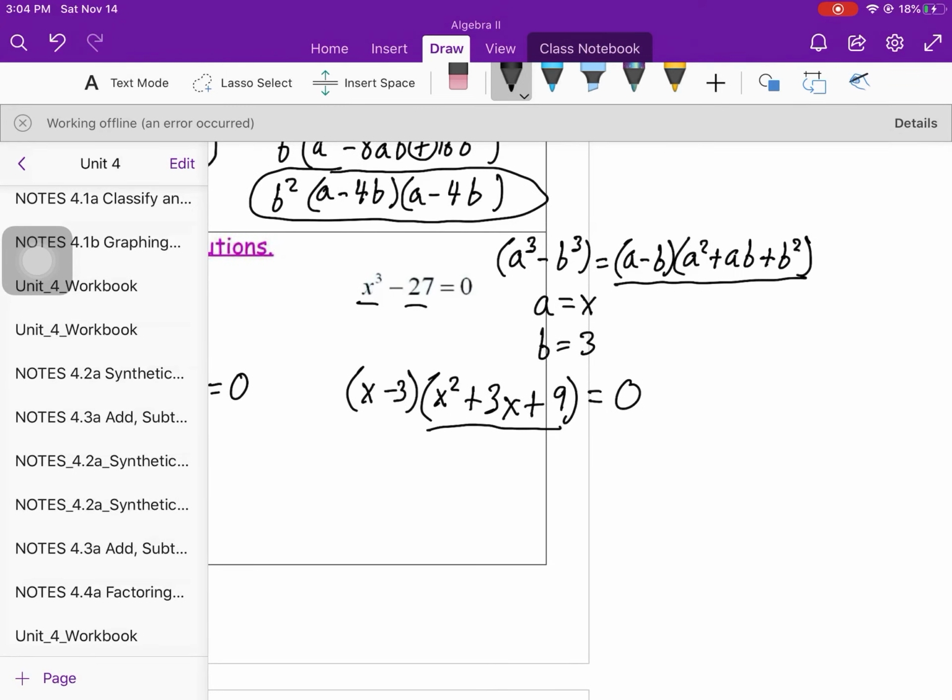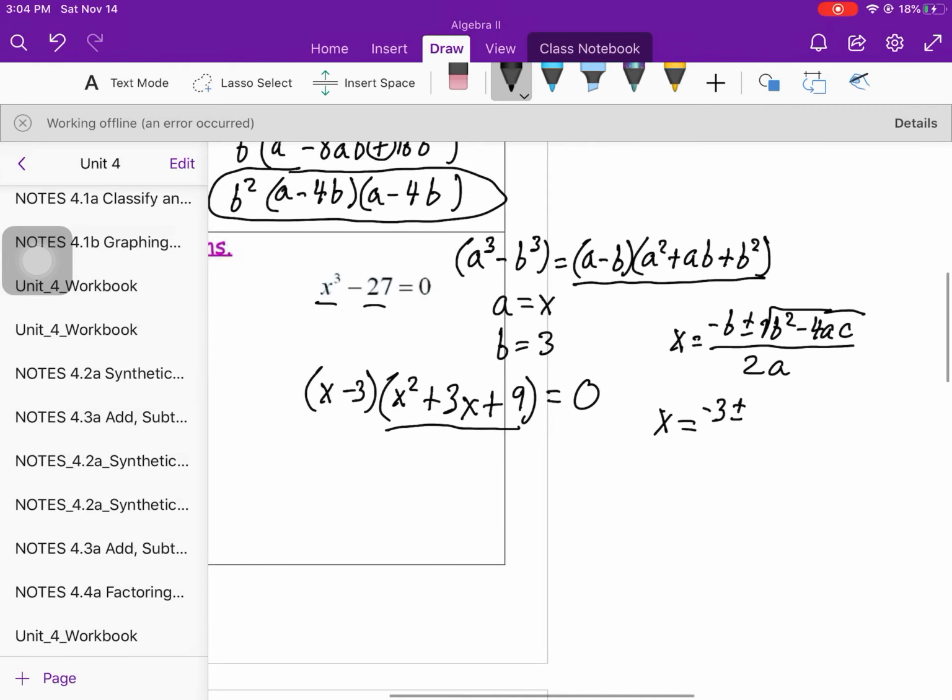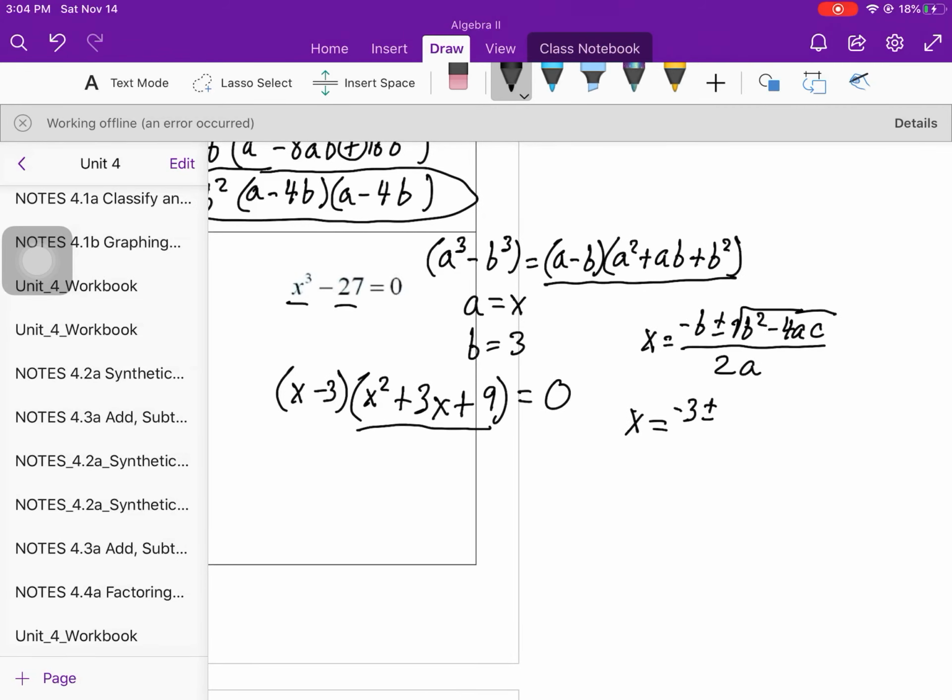Remember, the quadratic formula is x equals negative b plus or minus the square root of b squared minus 4ac all over 2a. So now we fill it in. Negative b would be minus 3 plus or minus the square root. Oh, I should have done the discriminant first.